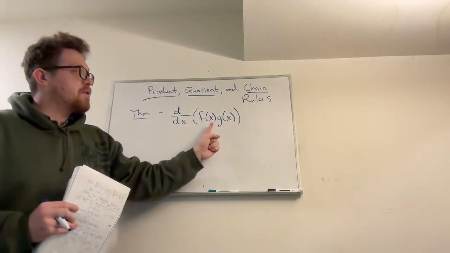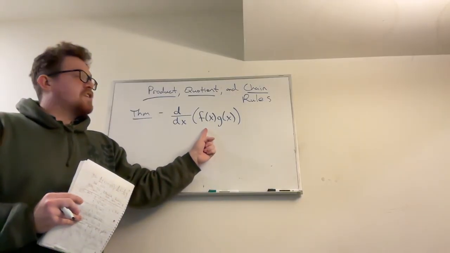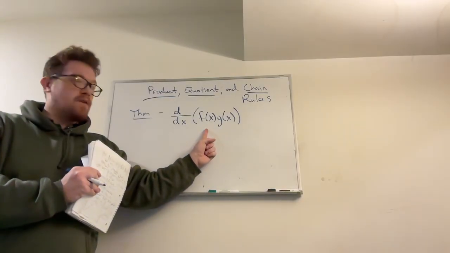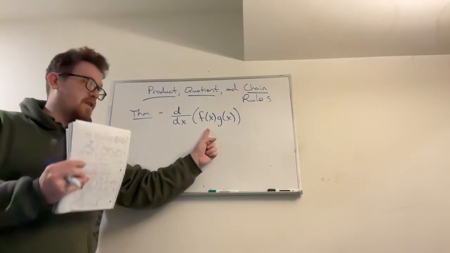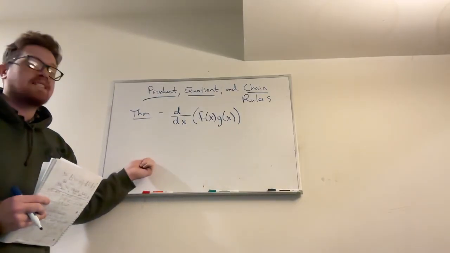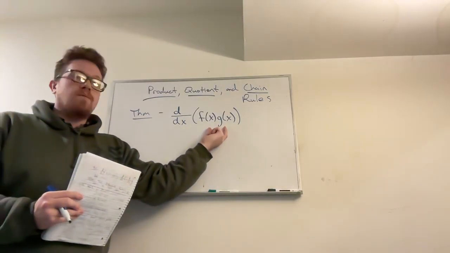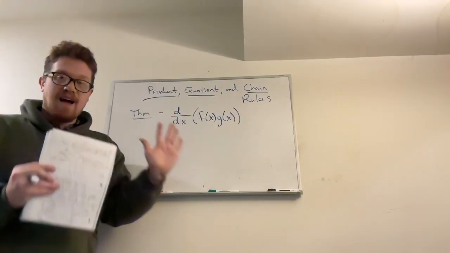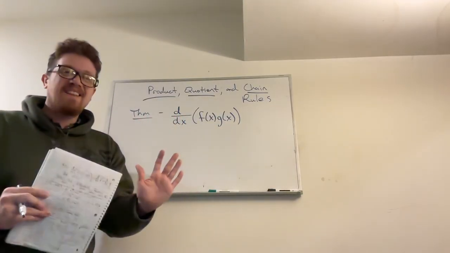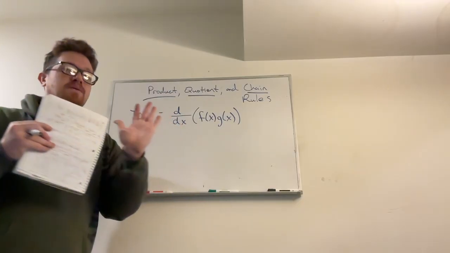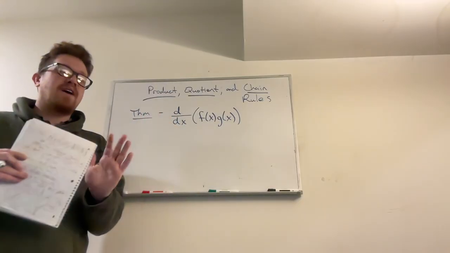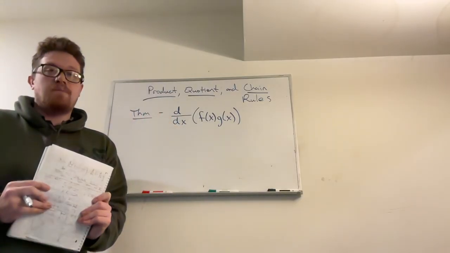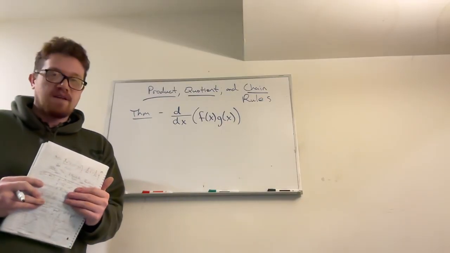When we had a constant scalar multiple of a function, you could just pull the constant out. Here, when you have a product of f times g and you want to take the derivative, it's definitely not, so put in your notes, the derivative of f times the derivative of g. So it doesn't break in the simple way that you would maybe expect.